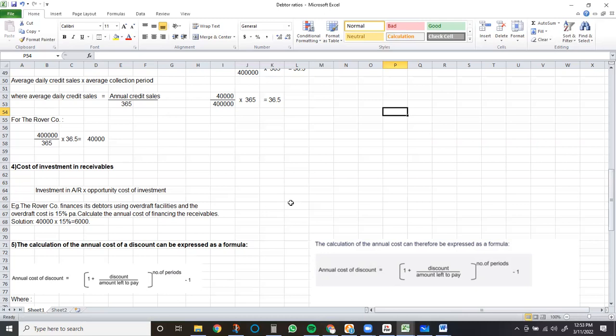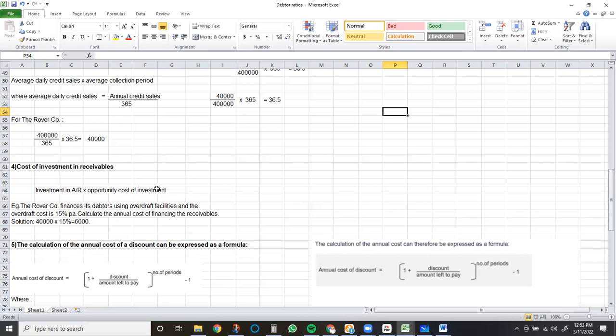Now, those are still short-term sources of finance, so the overdraft will come under current liabilities. But, and of course, that's not free. But if the overdraft has been utilized, then the remainder will be financed through long-term sources. So you need to know what that cost is. How do we reflect the cost of the investment in receivables?